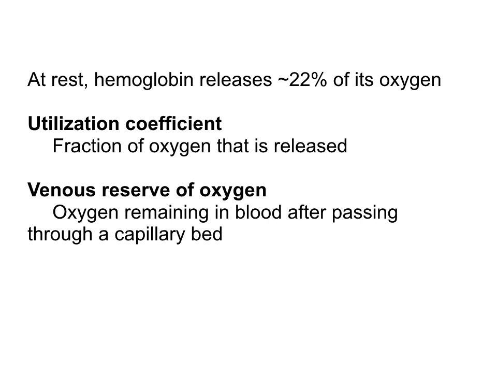The venous reserve of oxygen is the oxygen remaining in your blood after passing through the capillary bed. So at rest, your utilization coefficient is the 22% that is released into your tissue. The venous reserve would be the remaining 75% still in your blood.